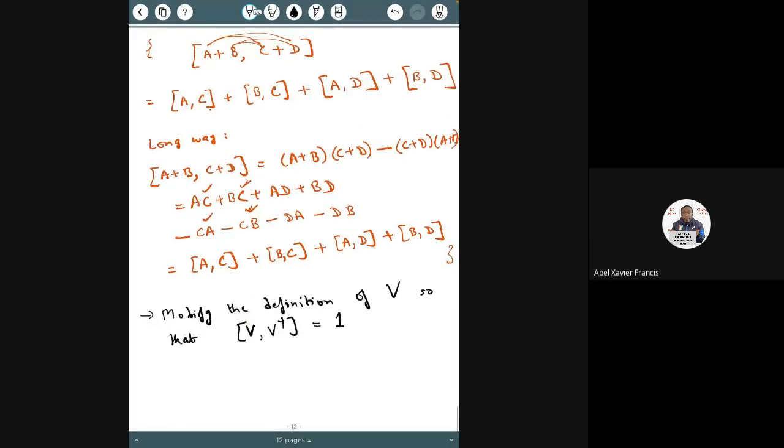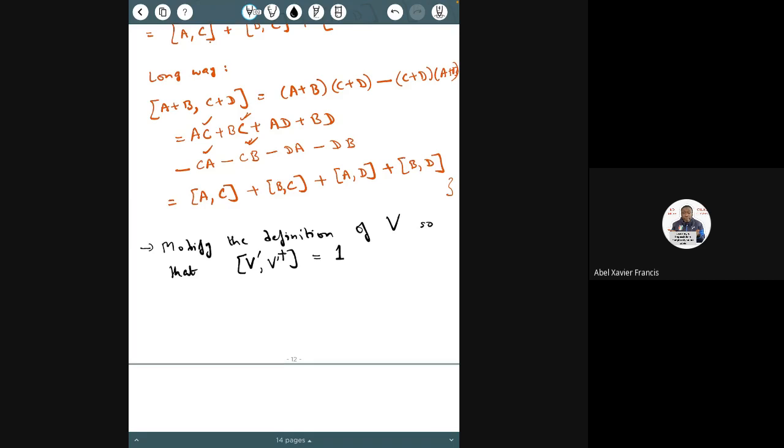So this is just to simplify our solution. We'll go from V to V prime so that the commutator of these two new operators is 1. And how will we do that?